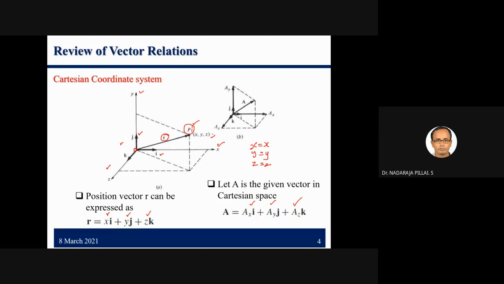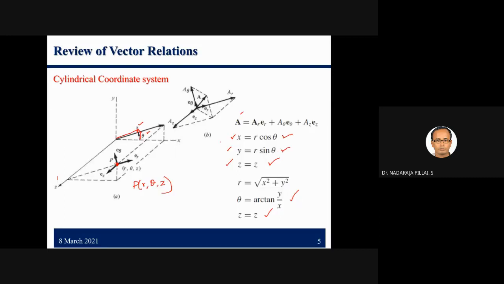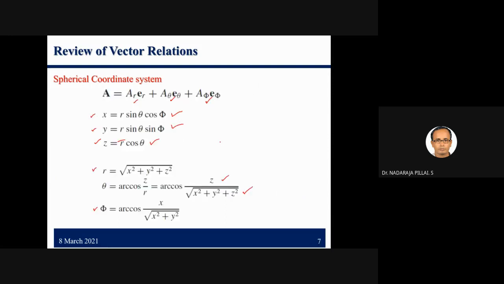Here we have represented P in x, y, z, in the cylindrical coordinate system as r, theta, z, and r, theta, phi is the representation in the spherical coordinate system. And then the corresponding x, y, z, r, and theta values we have discussed, right? So here we have r, theta, and phi, and x, y, z. We have a different notation, right?